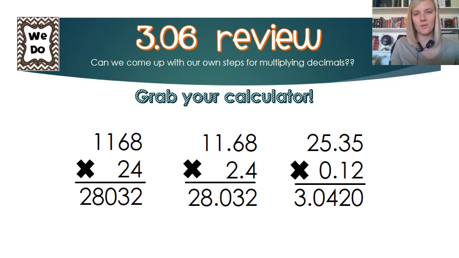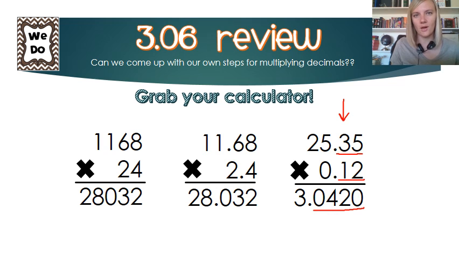Now I want you to do a third problem in your calculator. This one: 25.35 times 0.12. What do you notice about your answer now? Look at how many places I have to the right of my decimal point. 2 places here, 2 places here, but look how far that decimal point is over in my answer.